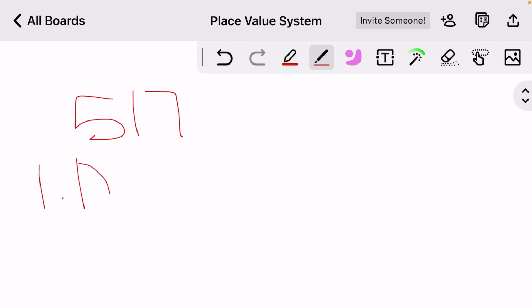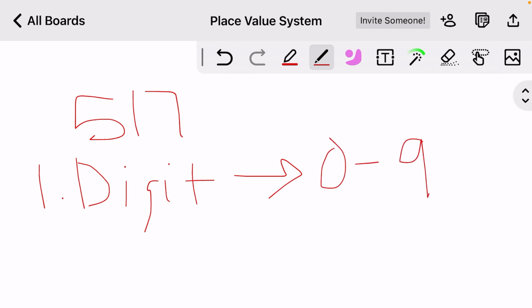You need to pay attention to the digit. And the digits are everything from 0 to 9. That's the first thing you've got to pay attention to in the place value system. And the second thing is the location of the digit.